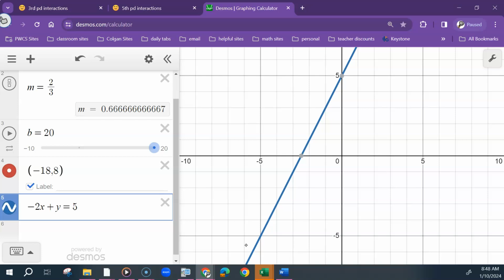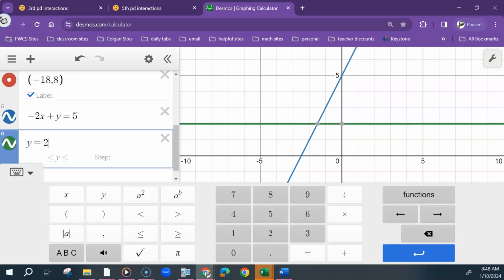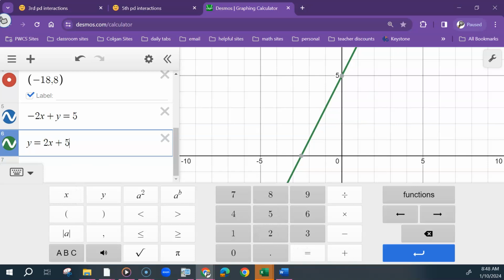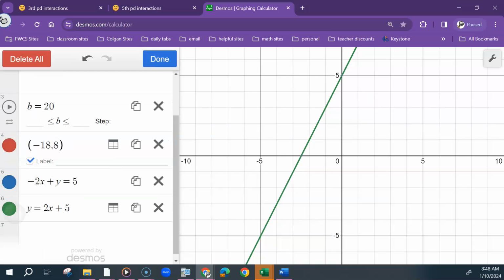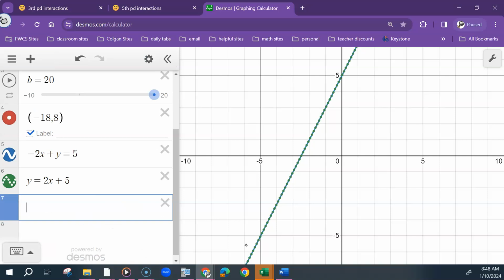So I could graph this, see what my y-intercept is, count what my slope is, and rewrite it like that. So here my slope would be positive 2, so y equals 2x plus 5. And if I type that in, they would overlap. And they do overlap, and that's a good way to check yourself.